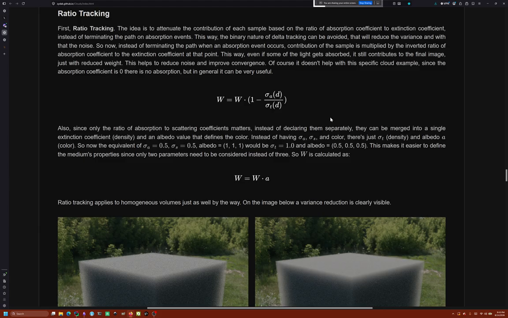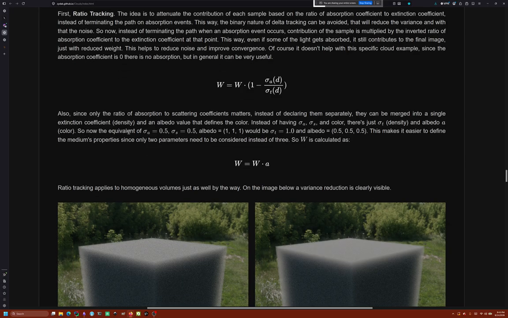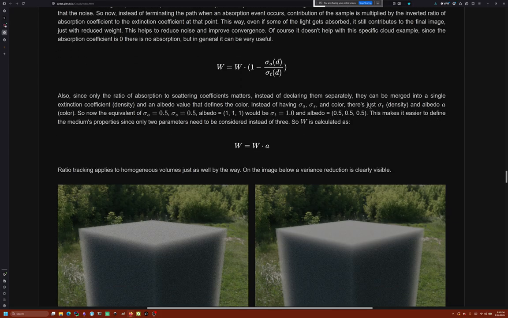Instead of sigma A, sigma S, and color, there's just a sigma T and an albedo A. So now the equivalent of 0.5 absorption coefficient, 0.5 scattering coefficient, and a white albedo would be sigma T equals 1, and albedo is gray. This makes it easy to define the medium's properties since only 2 parameters need to be considered instead of 3.